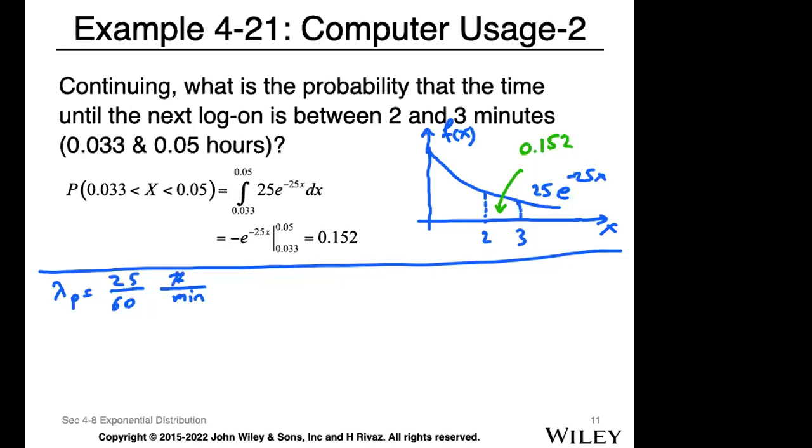Then I said I want there to be some login in this 1 minute interval. So the probability of some login is 1 minus the probability of no login. What I'm interested in is the probability of at least 1 login in 1 minute, which is 1 minus the probability of no login.